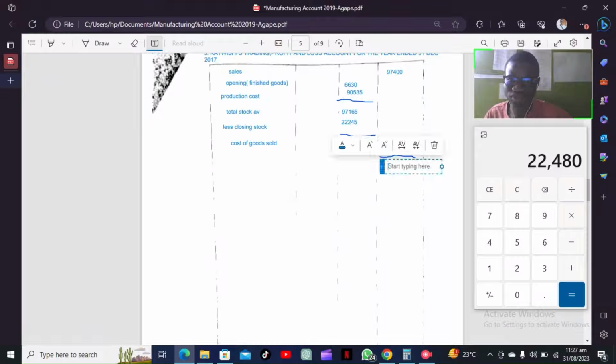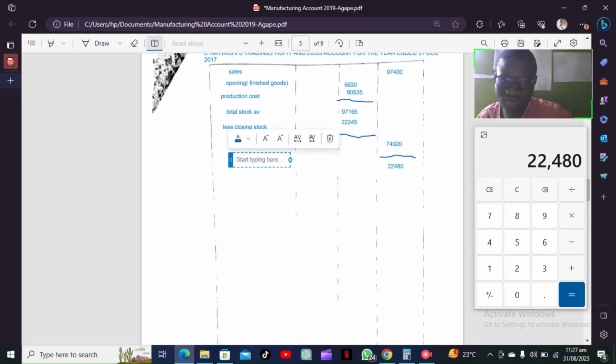So we're going to record it down here. This figure, 22,480, is our gross profit. So gross profit simply means the profit that we made without adding incomes or lessening of expenses.